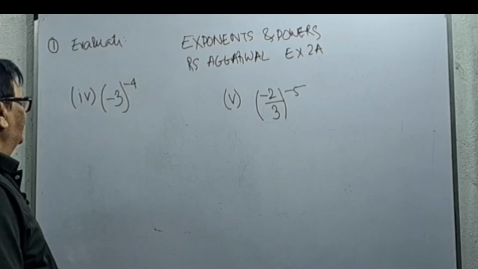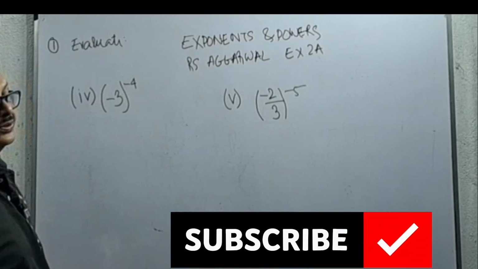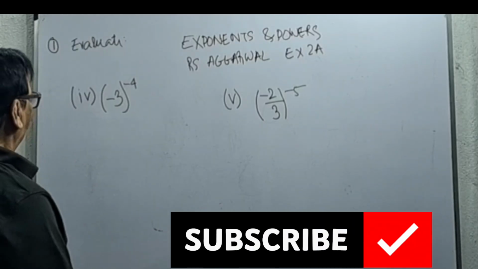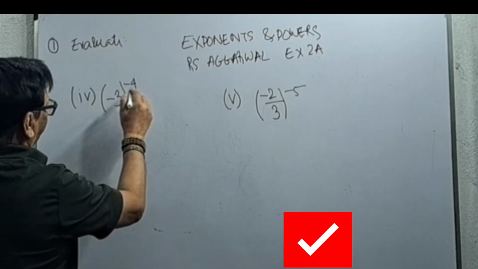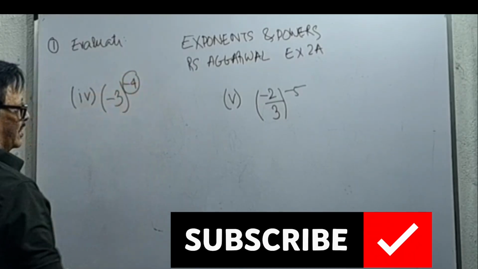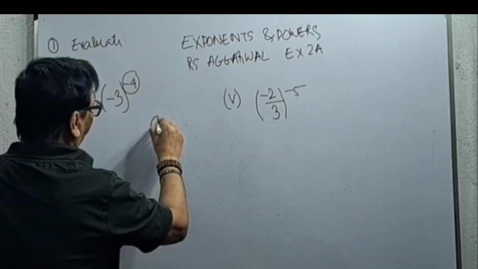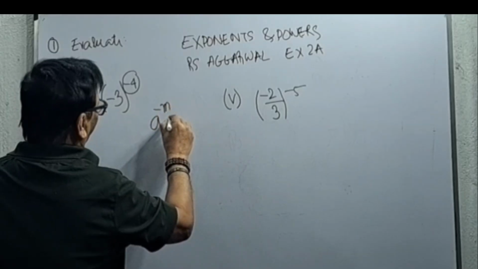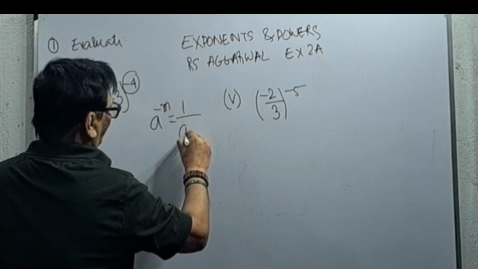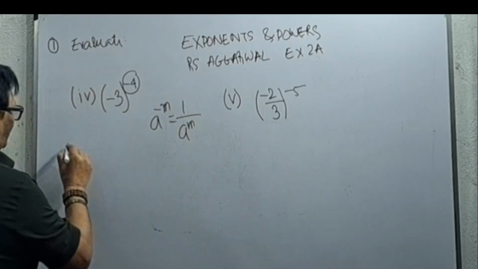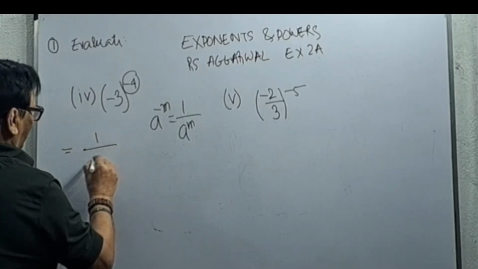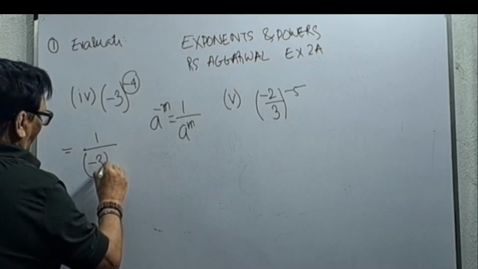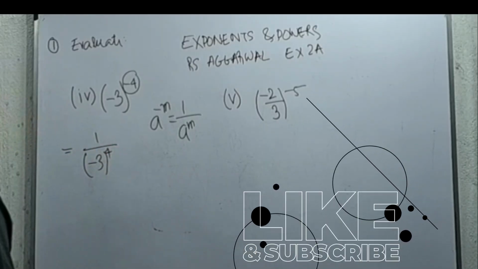Now we come to question number 1, part 3, part 4 and part 5. So part 4 will be, we'll make this power positive, right? Saying that a to the power of minus m is equal to 1 by a to the power of m, right? So it becomes 1 by minus 3 to the power of 4, correct?